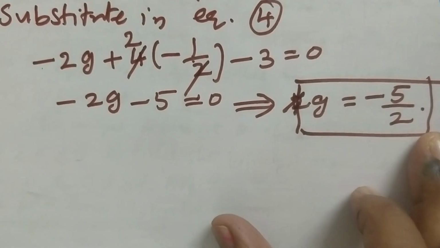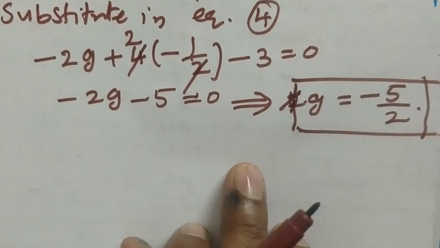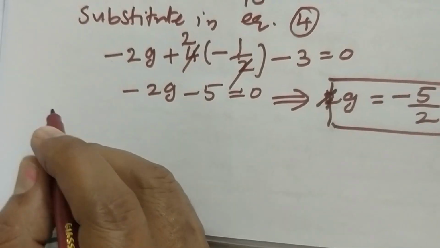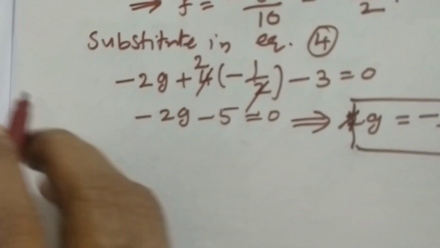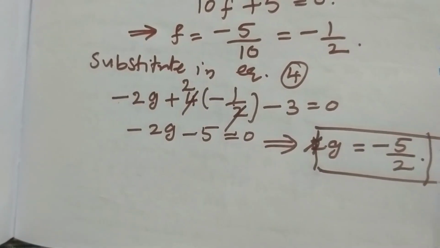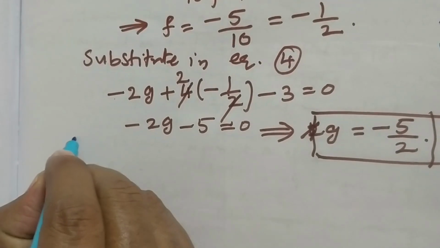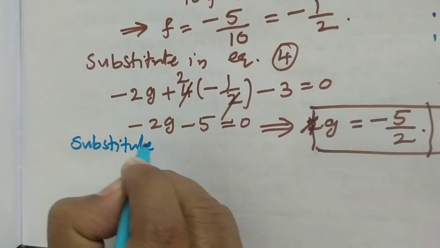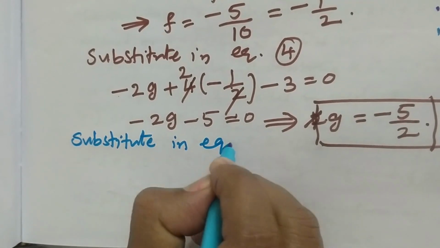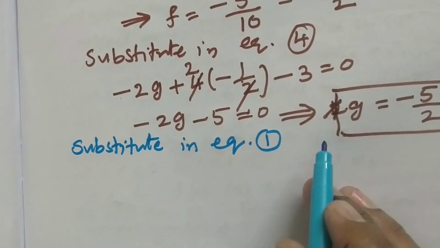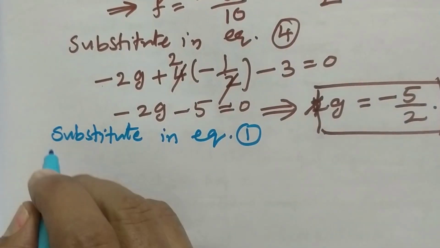And then you find the value of C. For that purpose, I substitute in equation 1. To find the value of C, I use equation 1. That is 2G plus 2F plus C plus 2 is equal to 0.